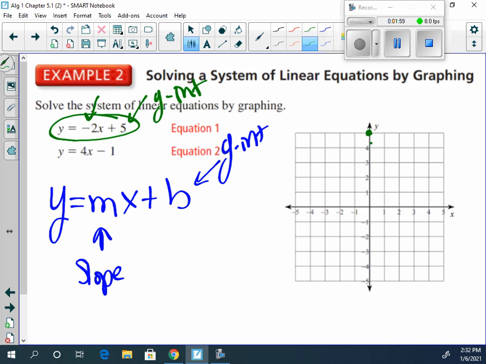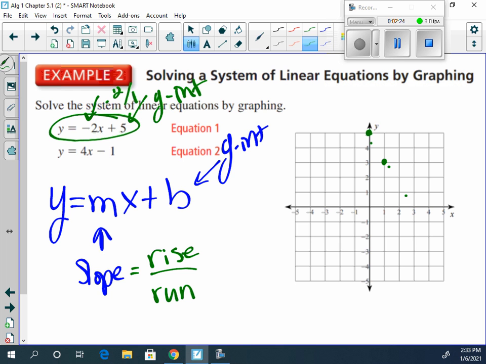And again, slope is rise over run. When we just have a whole number like negative 2, it's talking about how far it goes up or down. So really the slope for this top one is the same as negative 2 over 1. From this point here, we're going down 2 and right 1. And we can do that again.